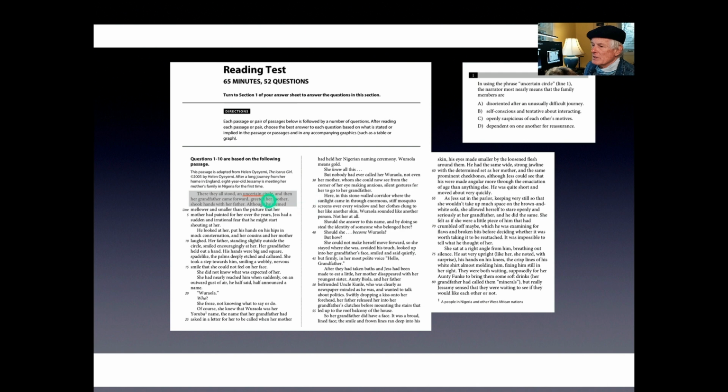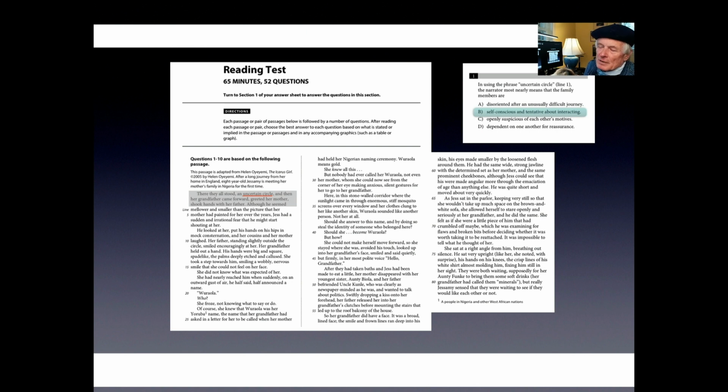So here is the text that contains the information for you to come up with the correct answer. And then you go ahead and answer the question. And then the very next slide, you'll see whether or not you're correct. Okay. And this is done for each of the questions in the entire reading passage.